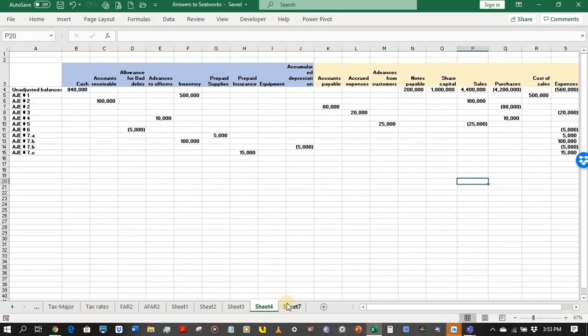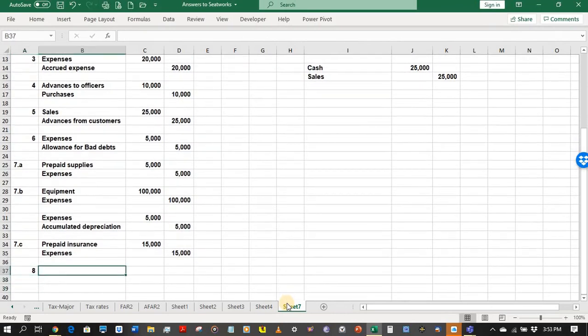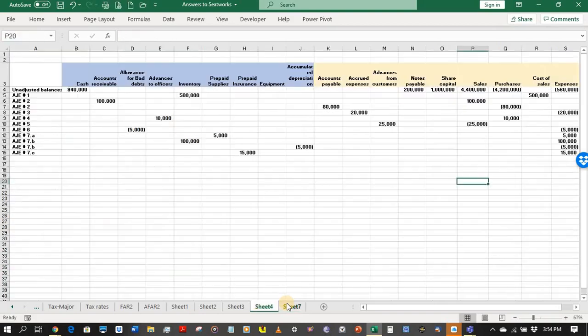So, mag-record tayo. So, number 8, adjusting entry natin is debit interest expense, credit interest payable, which is 100,000 times 12% times 4 months divided by 12. So, 4,000. So, ipasok natin yan sa table. So, that is adjusting entry number 8.